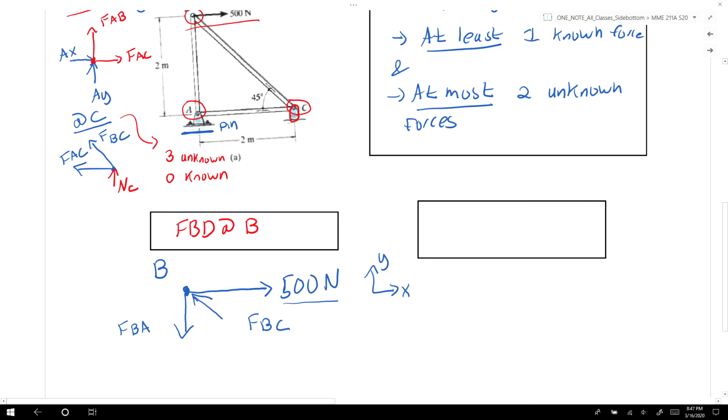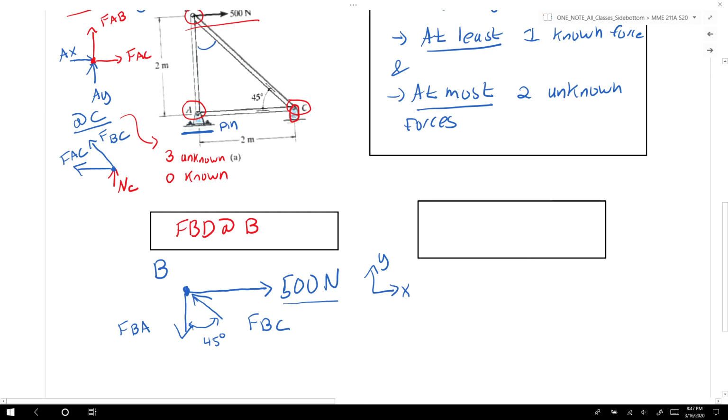So force BC actually has to be going into joint B in order to balance the 500 Newton force going along the x-axis. We know that FBC would be at a 45-degree angle with the x-axis, so I'll include that here, and FBA would be going along the negative y-axis.